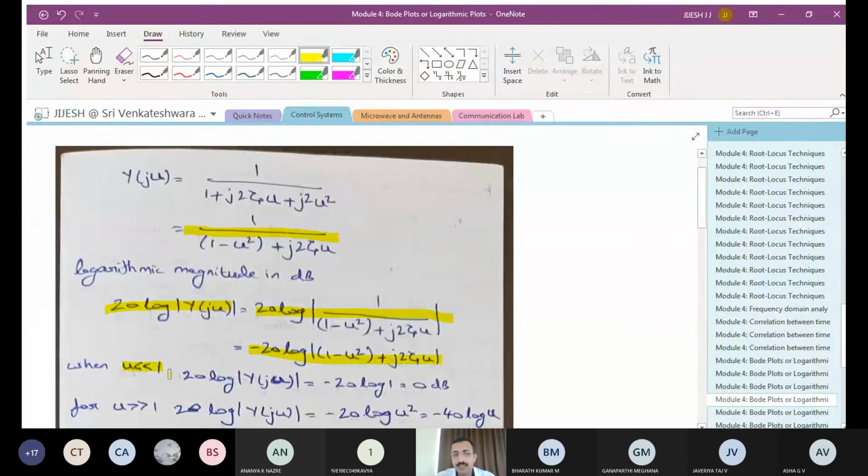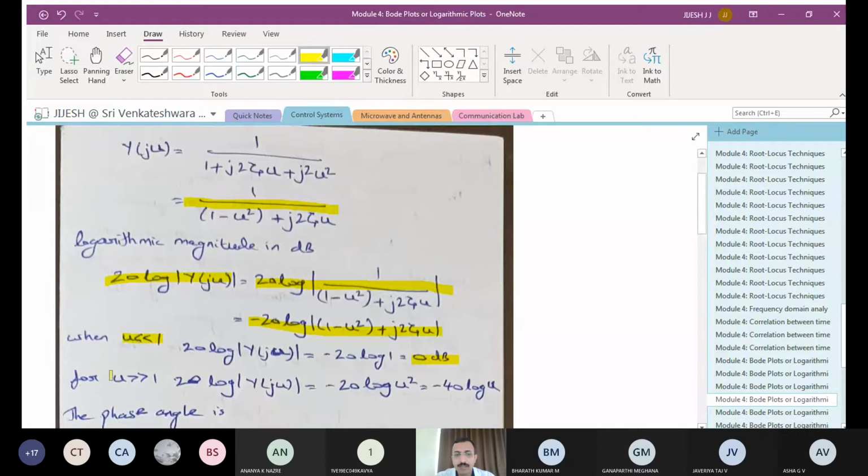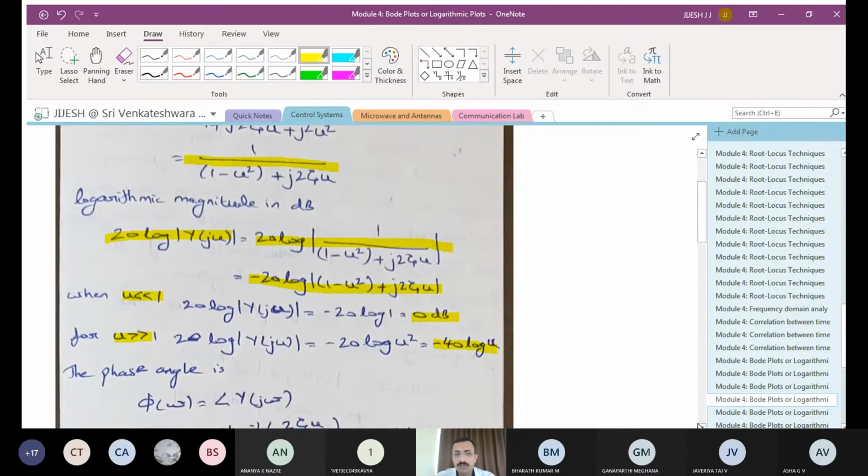When u is less than 1, you get 20 log of Y of ju as 0 dB. In the previous case also you might have seen the same. And when you take u greater than 1, 20 log of Y of j omega is equal to minus 40 log of u, or minus 20 log u square. That is what you get with respect to the magnitude.